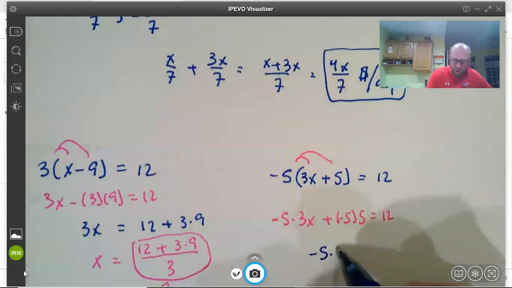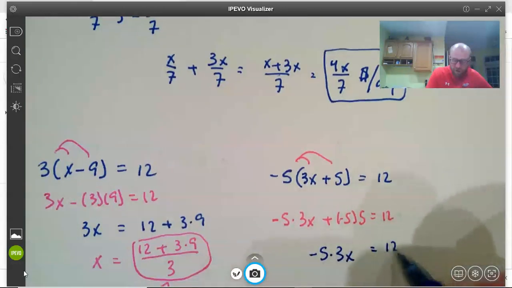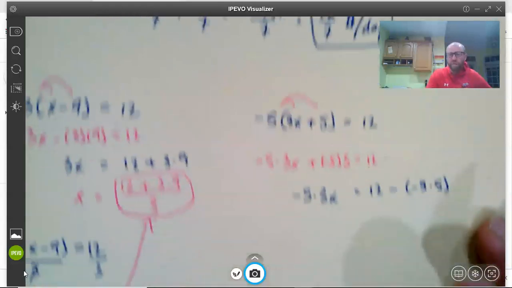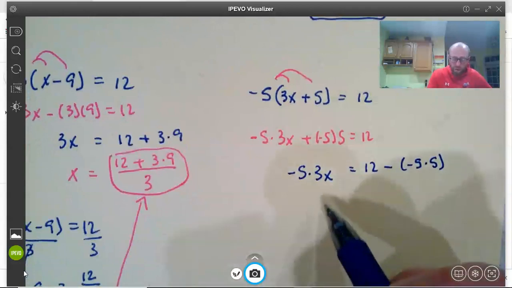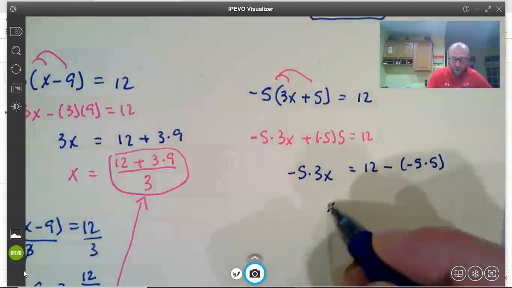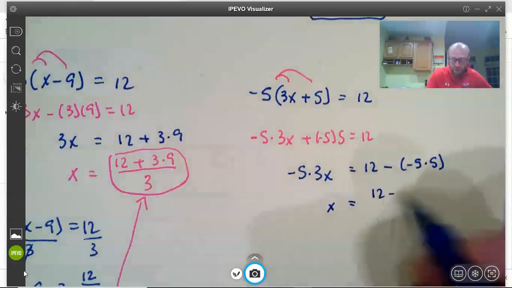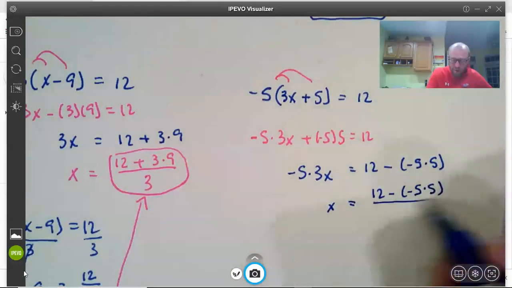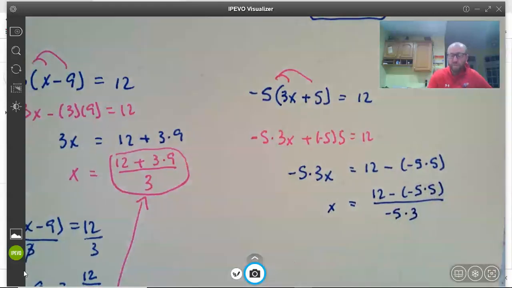So negative 5 times 3x equals 12 minus negative 5 times 5. Notice I've got kind of this double negative going on over here. Now I'll divide by negative 5 times 3. So I'll get 12 minus negative 5 times 5 over negative 5 times 3. And we're done.